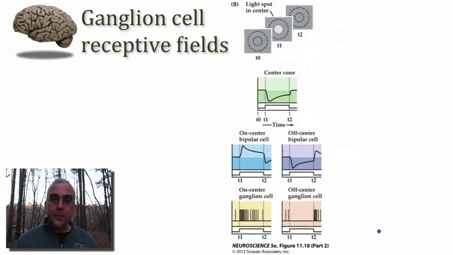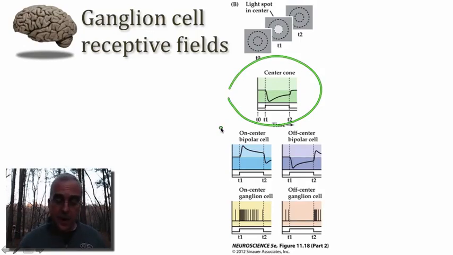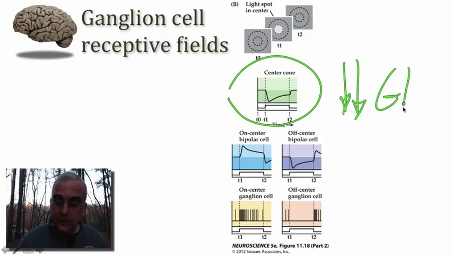So now let's consider what happens when light strikes the center of the photoreceptor receptive fields that are driving activity in these two parallel channels. So recall that when light strikes the photoreceptor, there's hyperpolarization. Hyperpolarization means much less release of glutamate, the neurotransmitter of the photoreceptor. When we release less glutamate, then the on-center bipolar cell is going to depolarize.